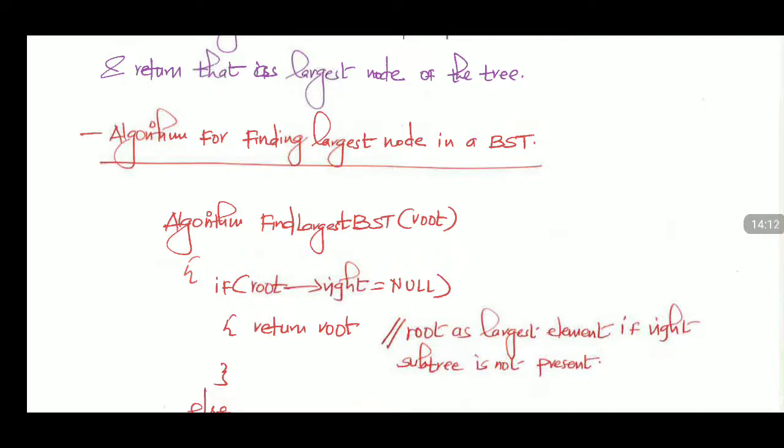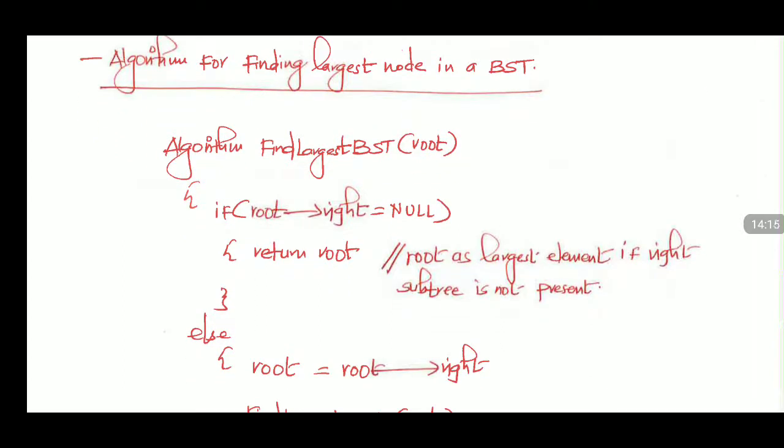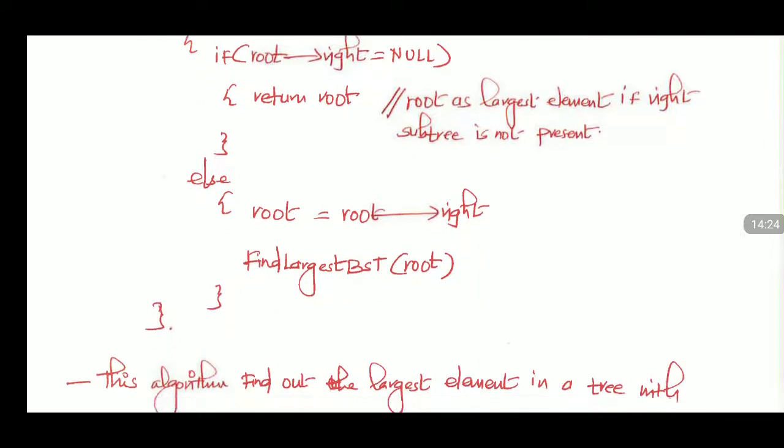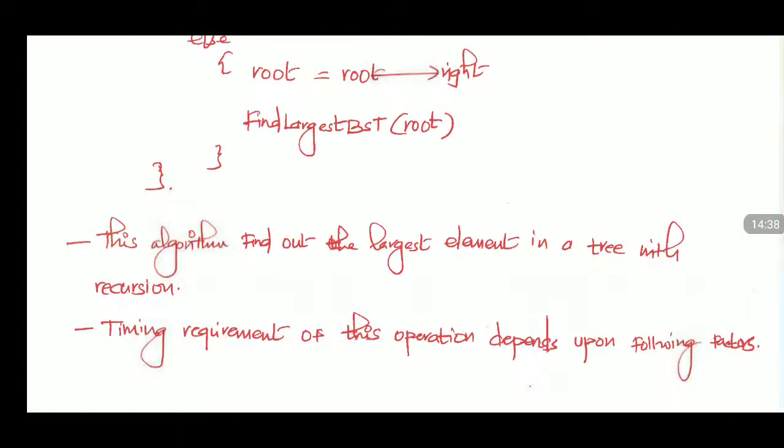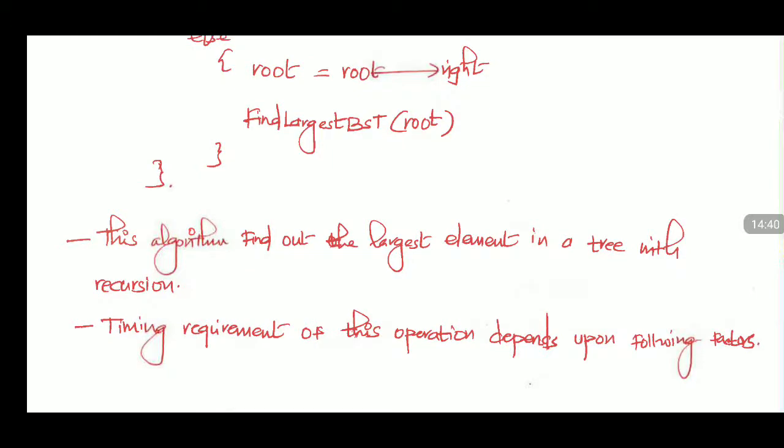We are passing a root, and the first thing is we check if root right is null. If root right is null, then we directly return the root. If it is not, then we change our root to the right, so root is equal to root right, and then pass that new root to find largest BST. And this algorithm is a recursive algorithm.